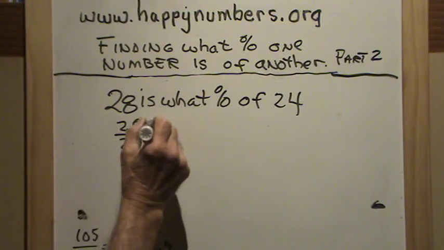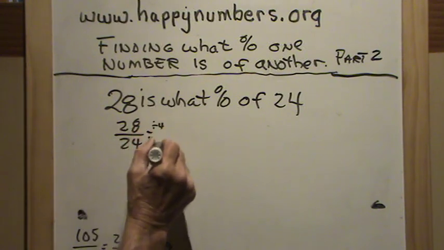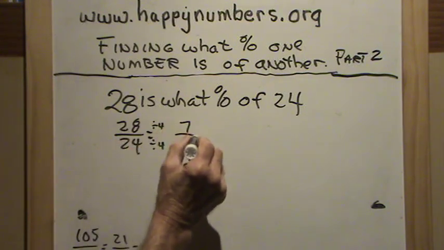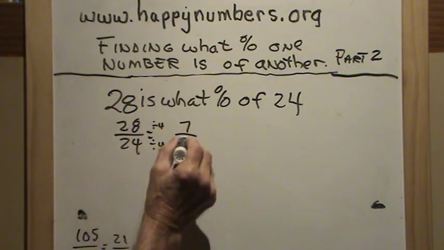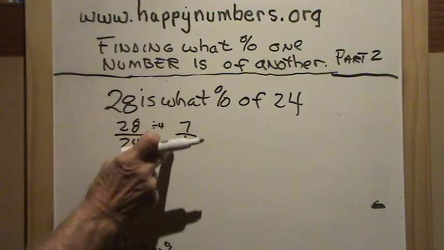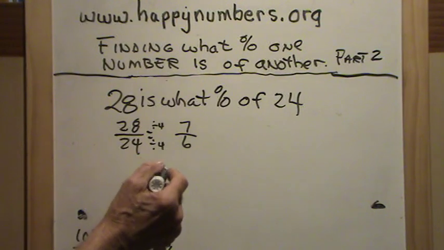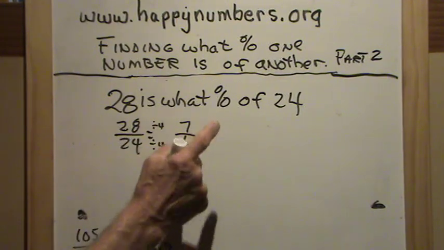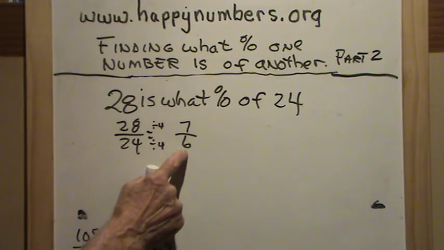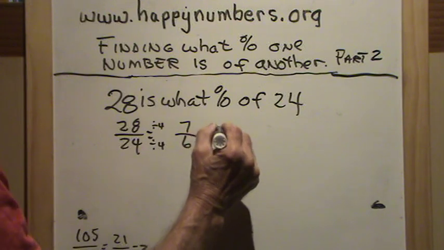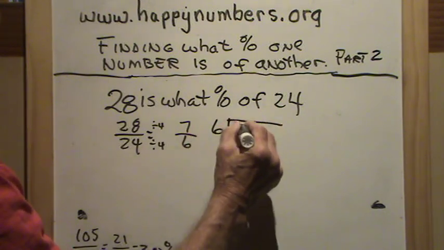So here I think we can divide both sides by 4. 4 goes into 28 7 times. 4 goes into 24 6 times. And now I have an improper fraction, but I know that I have two ways I can solve this. I can multiply by 100, or I can divide the bottom into the top. Since 6 doesn't go evenly into 100, I'm going to use the division method.